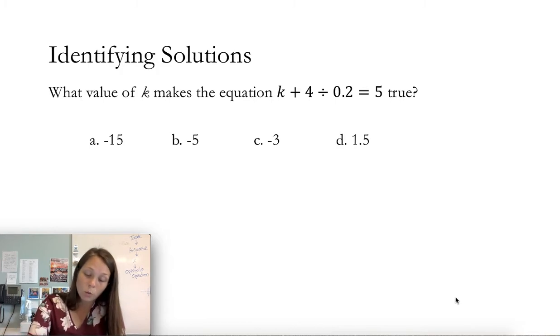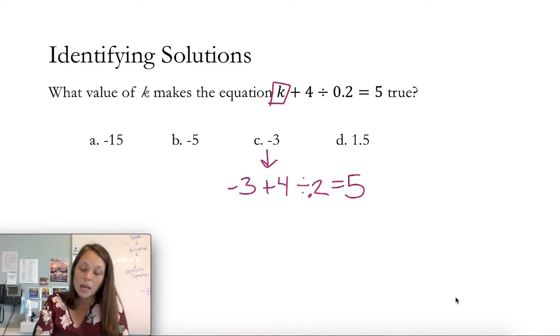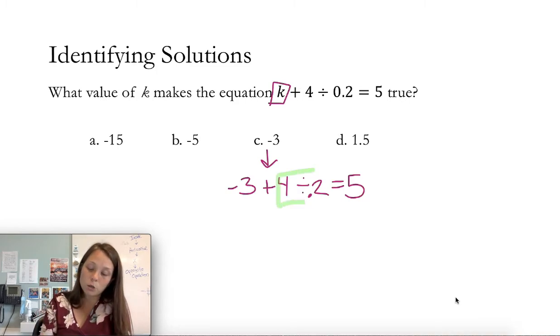I'm going to start with something kind of in the middle. I'm going to start with C. So if I plug negative 3 in for k, I'm going to substitute it in, and then it would be negative 3 plus 4 divided by 0.2 equals 5. If I begin simplifying this down, we need to remember our order of operations, and that I must divide the 4 and the 0.2 together first before I can do any addition.